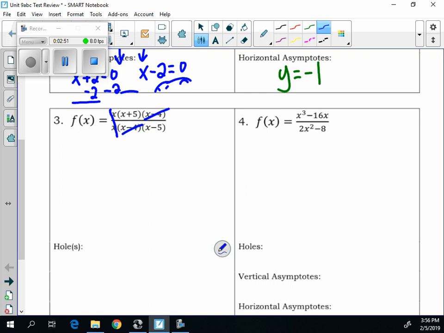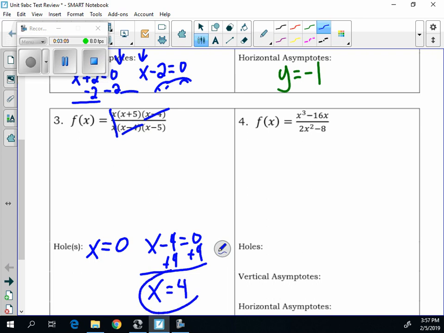So x canceled out, so we set it equal to 0. We also set x minus 4 equal to 0. Now, x equals 0 is already solved. But x minus 4 is not solved. We need x equals, so we add 4. You get x equals 4. We have x equals 4 and x equals 0. Both of those are going to be your holes.